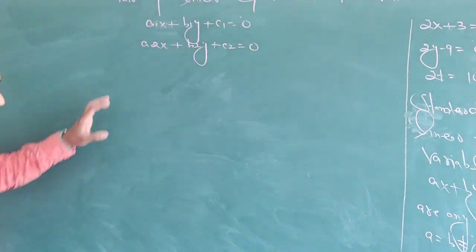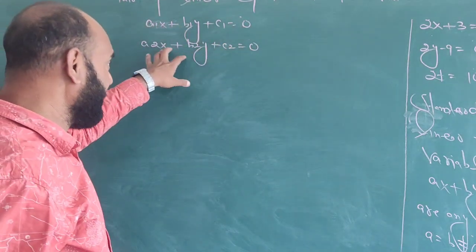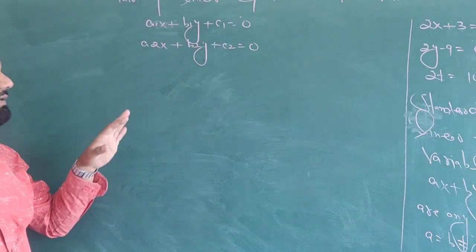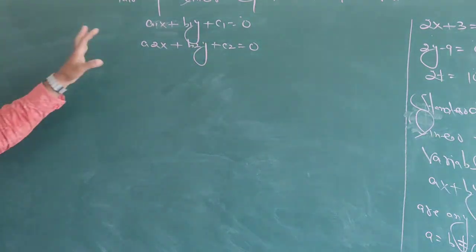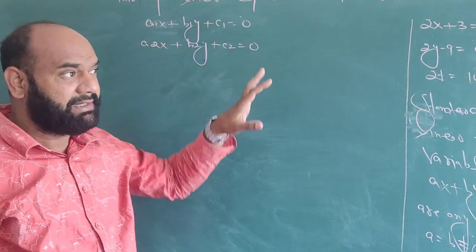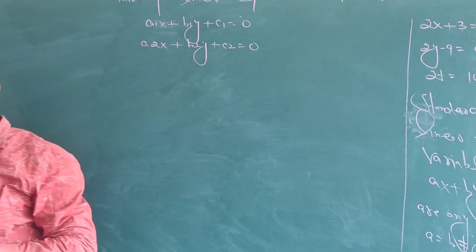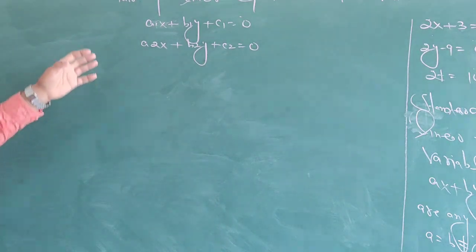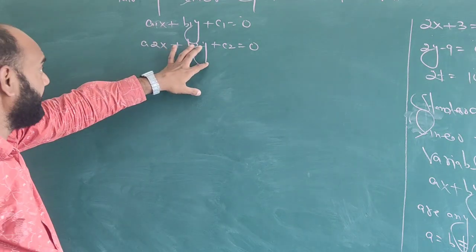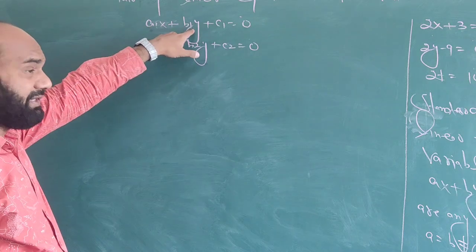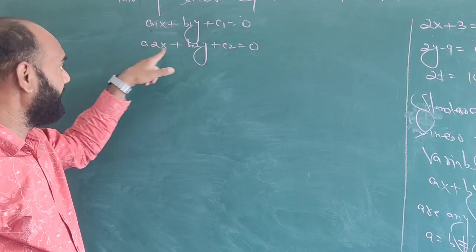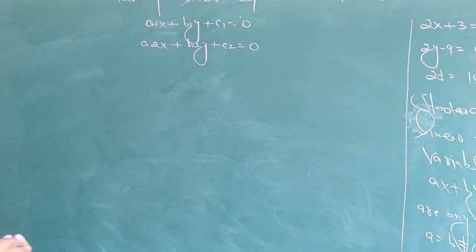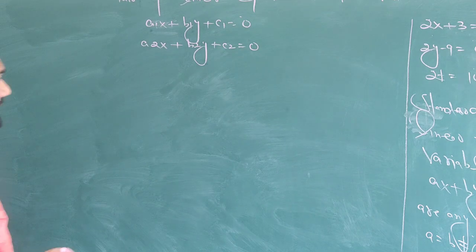This is the second linear equation in variables x and y. Pair means two. So in this chapter we study a pair of linear equations in two variables, that is a1x plus b1y plus c1 equal to 0, and a2x plus b2y plus c2 equal to 0.